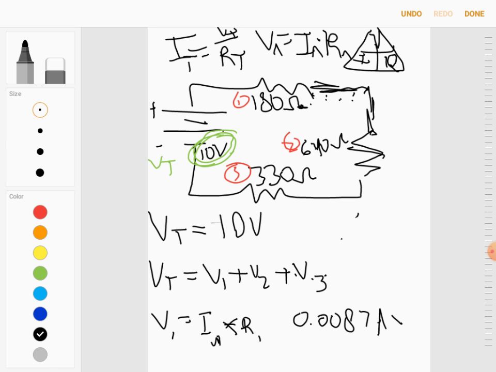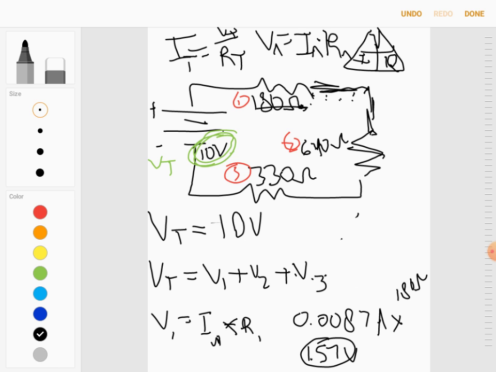Times the first resistor, and that is right here, 180 ohms. So you multiply that, and you get approximately 1.57 volts. So that would be V1.